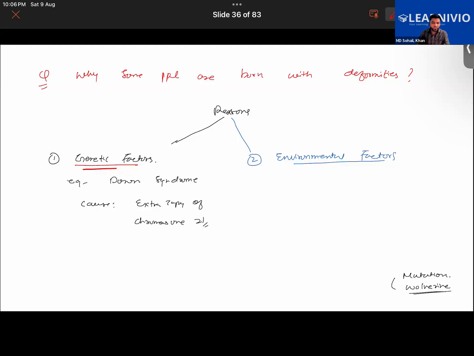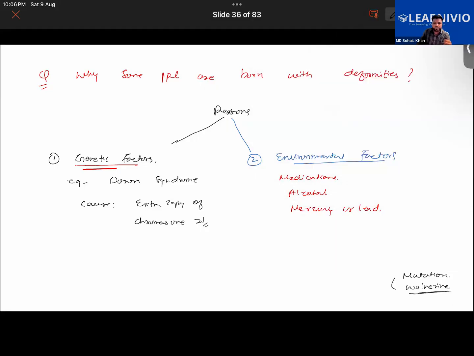But if you talk about people living in slum areas, it's most likely because of malnutrition, or exposure to harmful chemical substances like lead or mercury, which can cause birth defects. Getting what I'm trying to say? So it could be because of wrong medications, alcohol consumption, or exposure to mercury or lead.